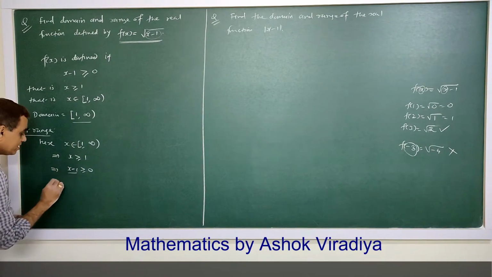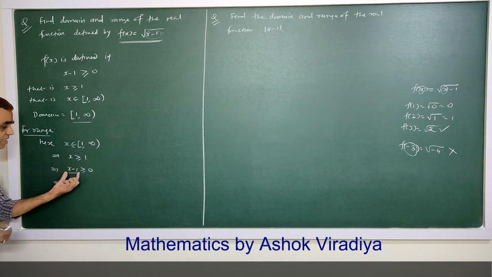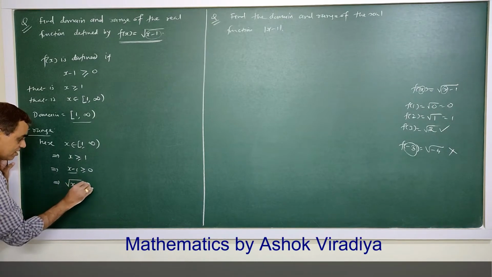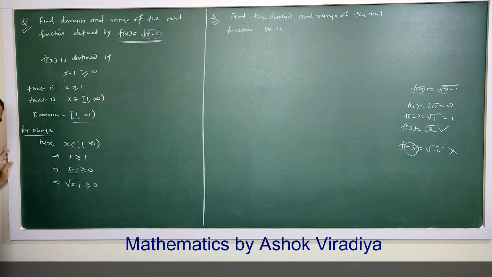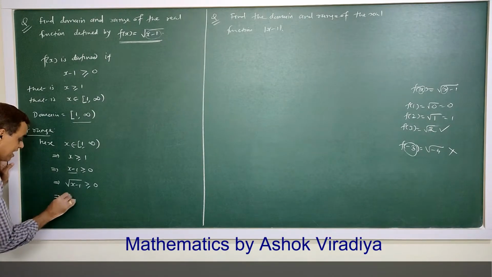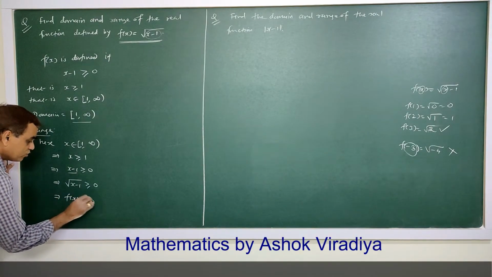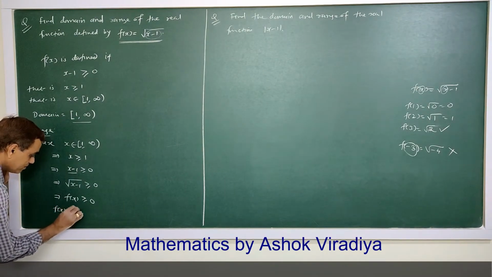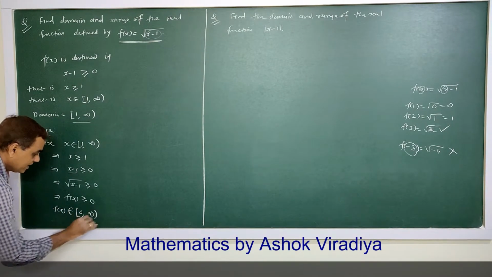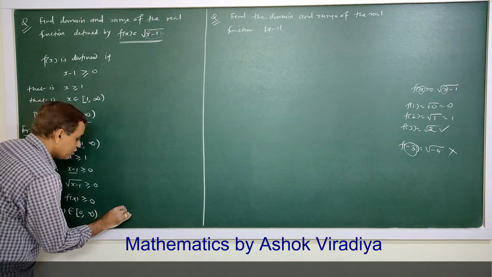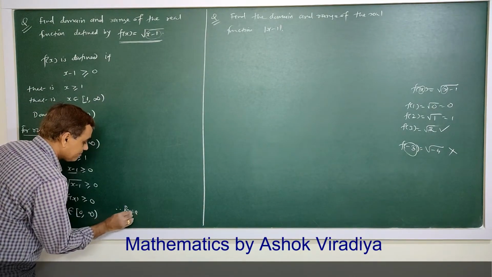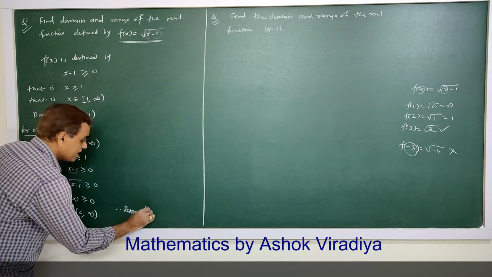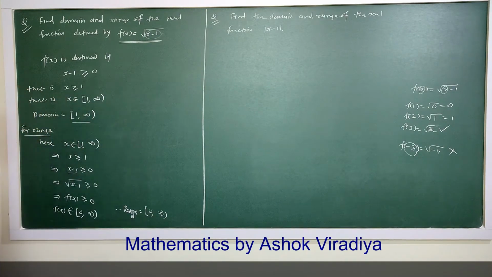Now x minus 1 is more than or equal to 0, which means it is non-negative. So its square root is non-negative. That means f(x) is greater than or equal to 0. So here f(x) belongs to the closed interval 0 to infinity. So this is the range. Range of this f(x) is [0, infinity).